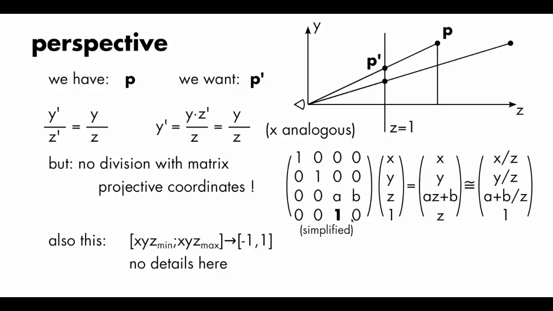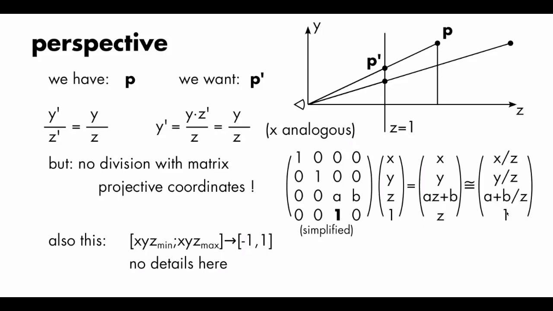I just want to be general. But the interesting thing is, if we put a 1 here in the z column instead of the w column, then this last number will copy the z coordinate downstairs instead of having a 1. And now to normalize this point, we have to divide the coordinates by z, and that is exactly the perspective projection that we need.